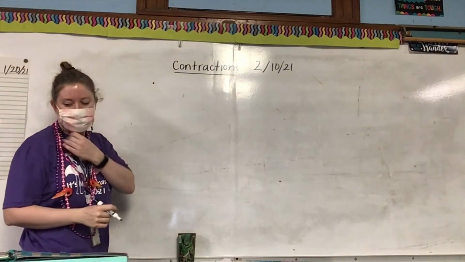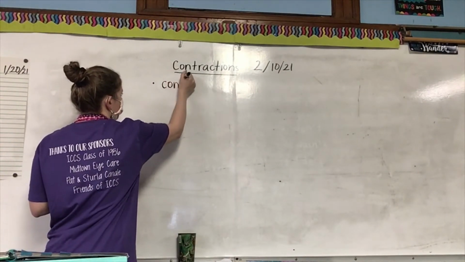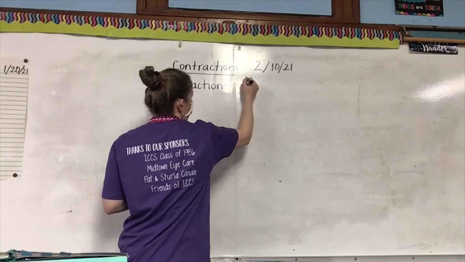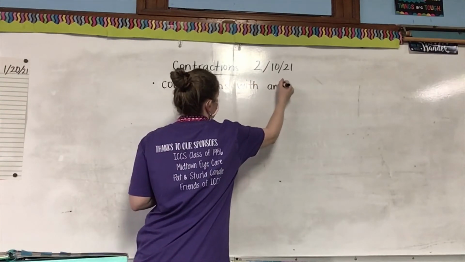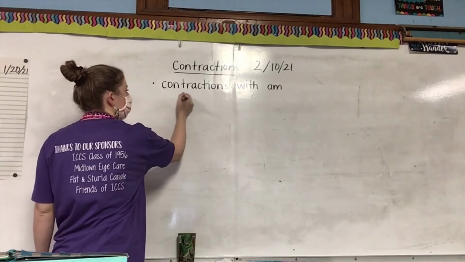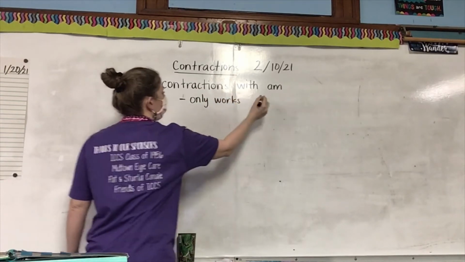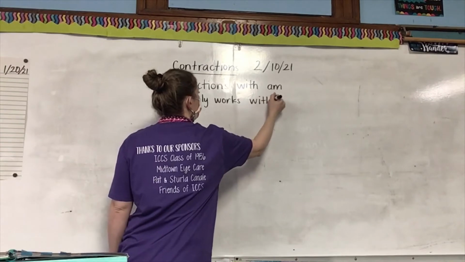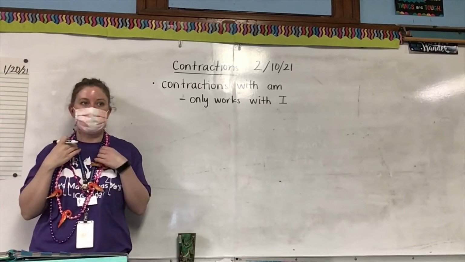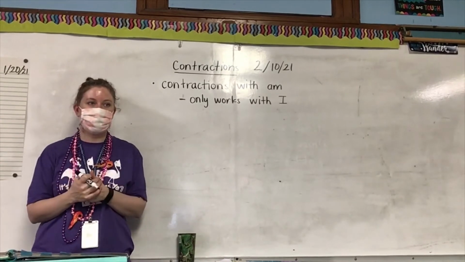Okay. Next, we're going to talk about contractions with am, the helping verb am. This only works with I. Can you use the verb am with anything other than I?